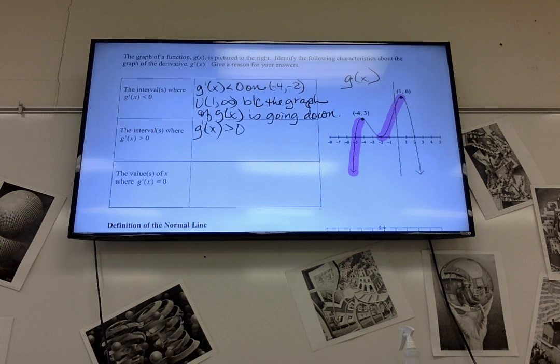So g prime of x is greater than 0 on negative infinity to -4, and then -2 to 1. Because what's going on in the graph? It's increasing. Now, if you said is going up, is rising, all of those are fine.